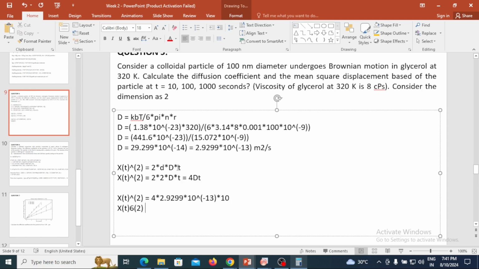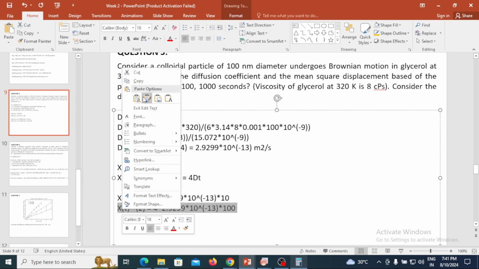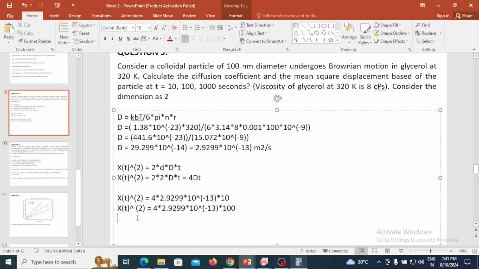So that will be 4 times 2.9229 times 10 to the power minus 13 times 100, and similarly the third one will also be the same, it's just that the time will be 1000. So I'll calculate for one, you can calculate for the rest by yourself.